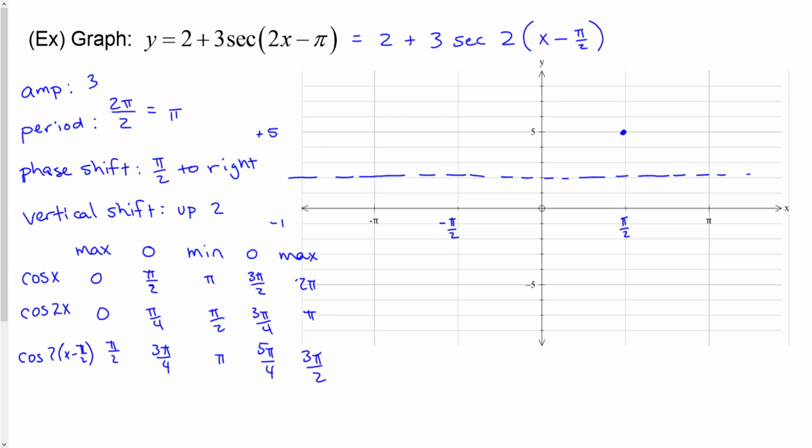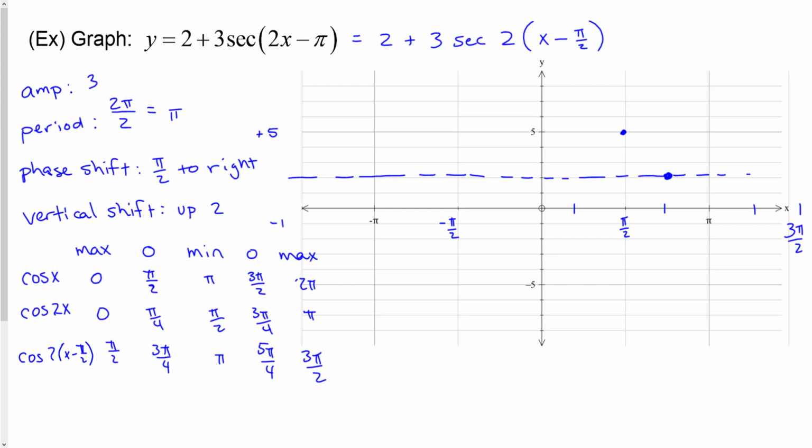That tells me these important parts of my cycle. So 3 pi over 4 would be right here. This would be pi over 4, 5 pi over 4, and then eventually somewhere out here is going to be 3 pi over 2. So at 3 pi over 4, the function cosine is back to its 0 point.